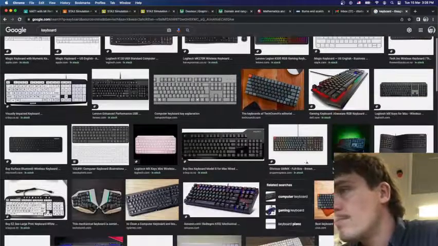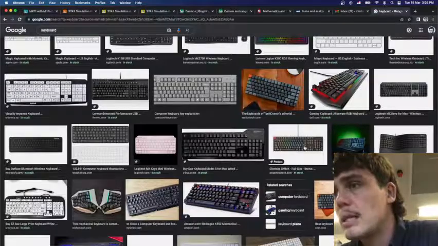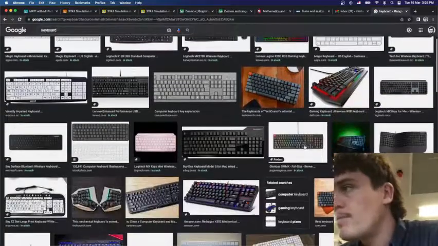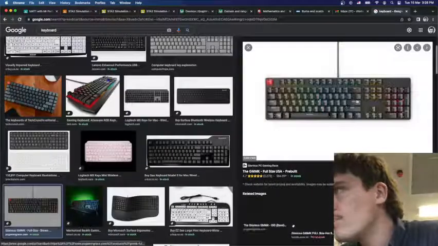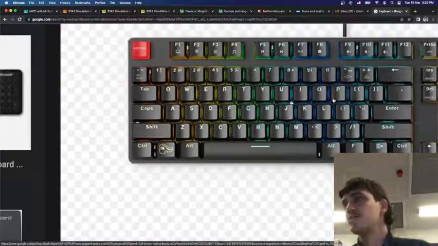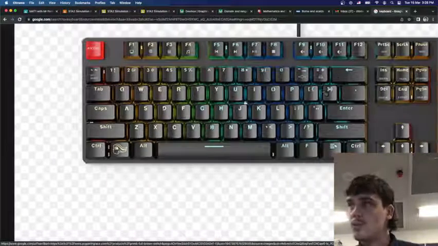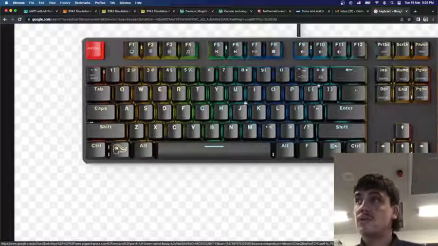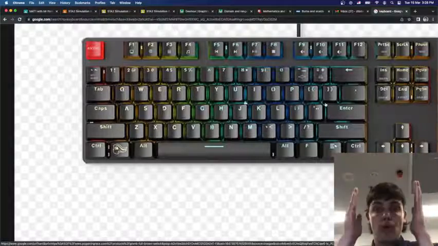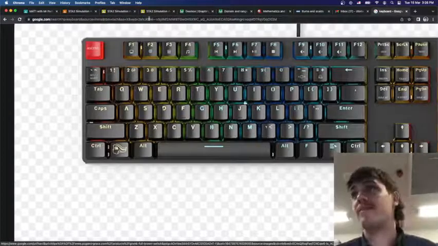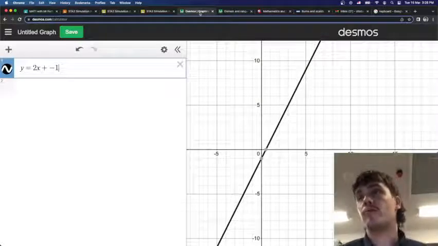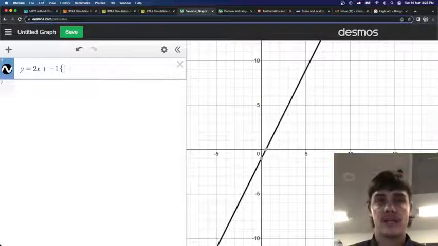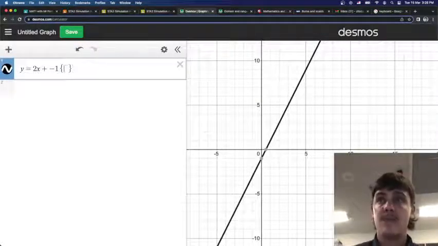You can see on your keyboard, you've got these squiggly brackets over here. These squiggly brackets are how we control where the graph is happening. We call that range and domain. So we can chuck our squiggly brackets in like that, and then we can control it.